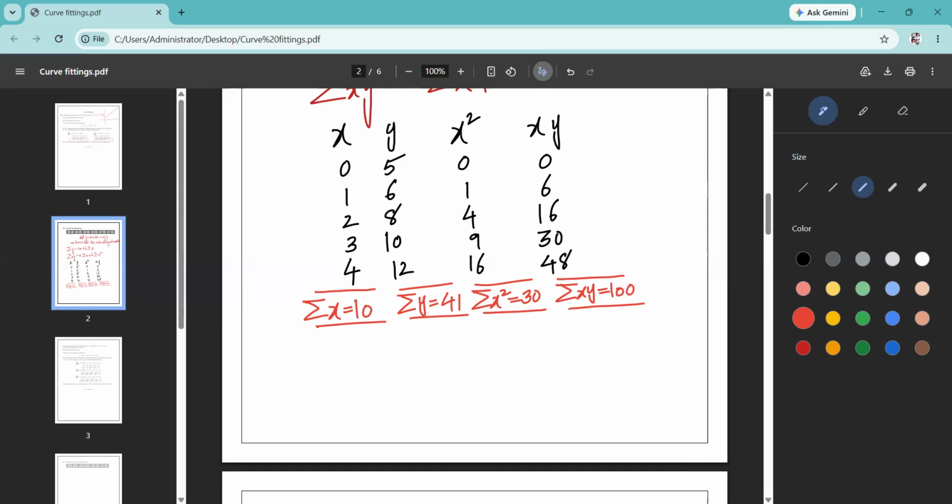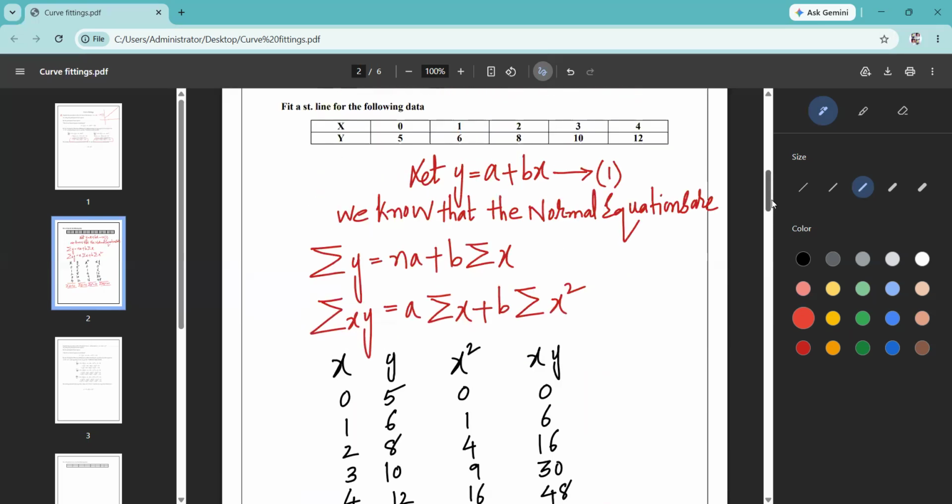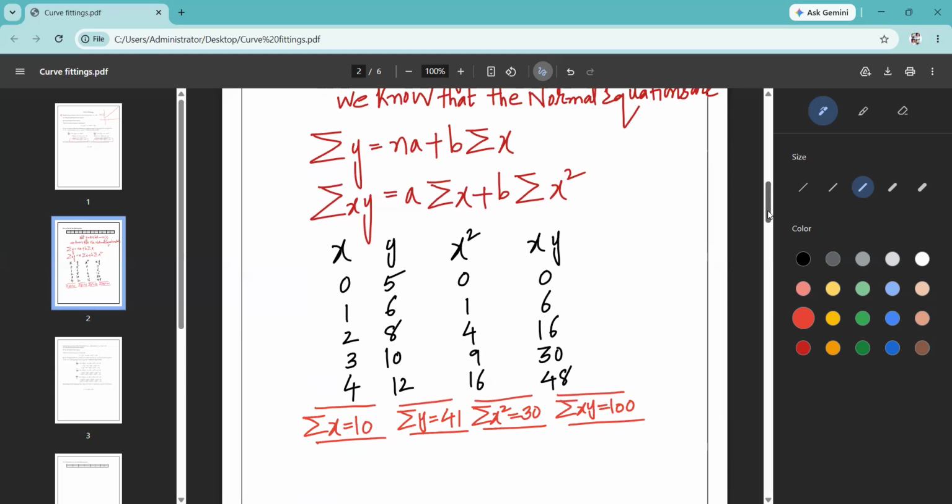After that, we have to plug in these values into our equations. Where to plug? Here we have to plug this one. Summation y value, n value. N is very important. Here n value is the total data points: 1, 2, 3, 4, 5. N is equal to 5.